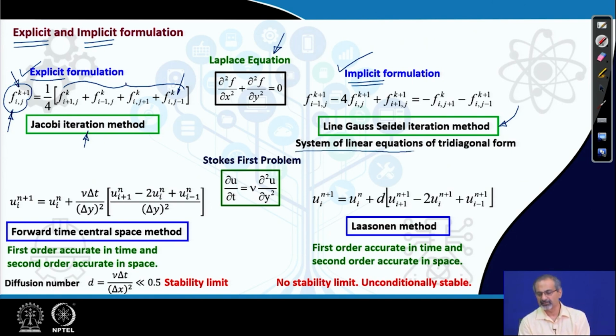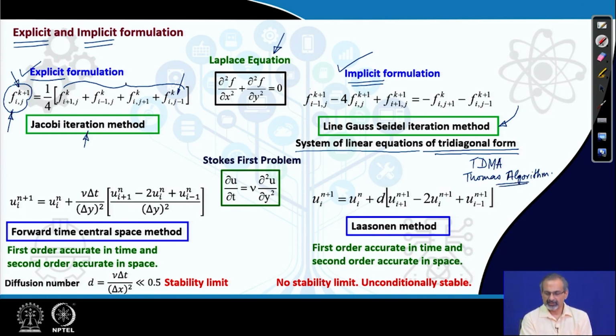Therefore, you have a system of linear equations which are often used in a very convenient form, which is called a tridiagonal form, because there is a very efficient algorithm for solving such a matrix based problem, which is called the Thomas algorithm. We are not going to get into much detail of that here, but that is just for your information.